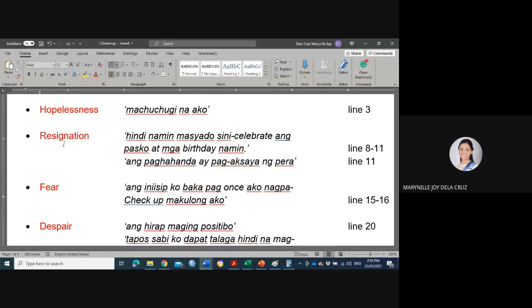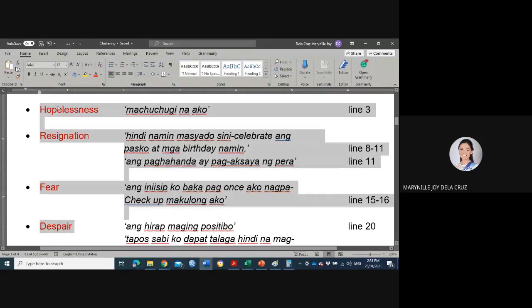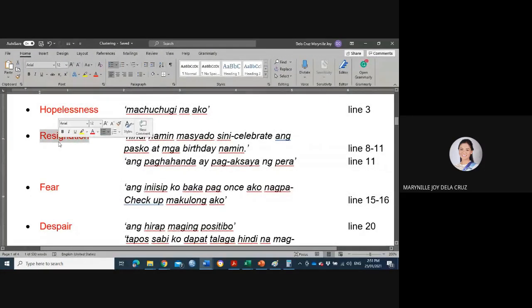These are associated words. When you're talking about associated words, you are going to find one word that is similar to these 4 codes. Ano ang connection nila na 4, makaform ka ng isang word. So, if you're able to come up with an idea out of these words, hopelessness, resignation, fear, despair, what does it mean?